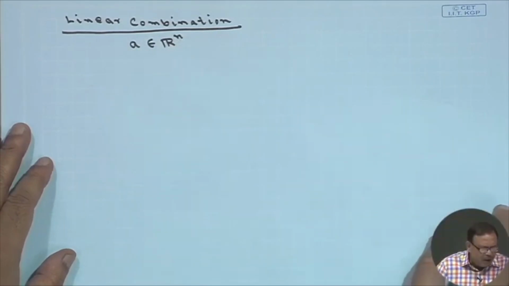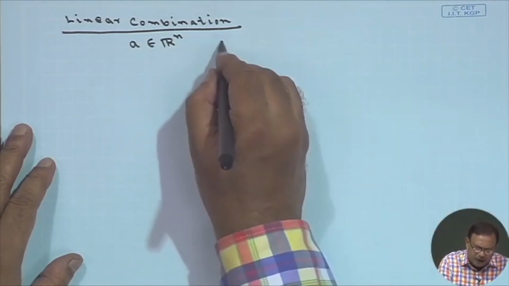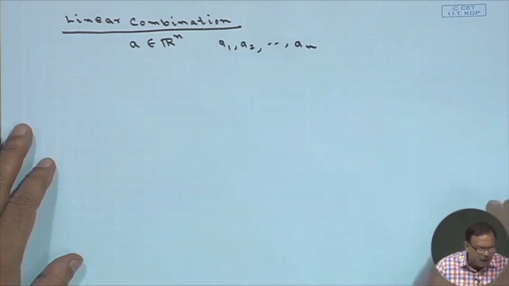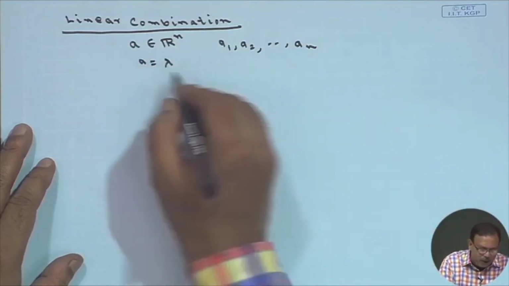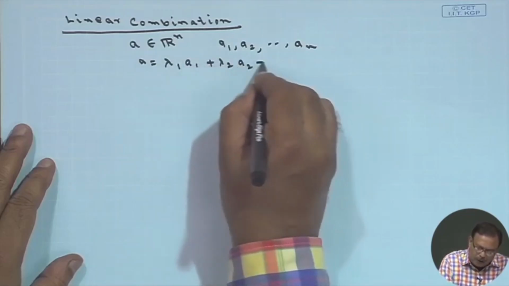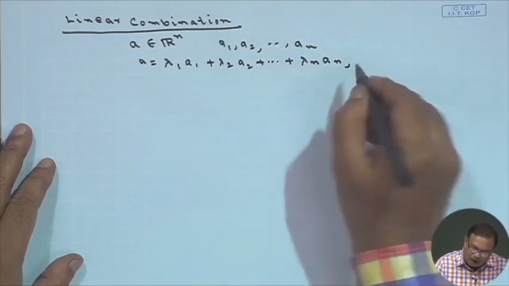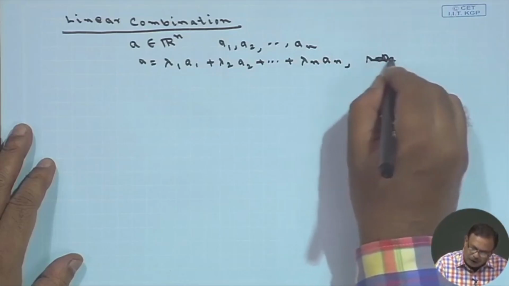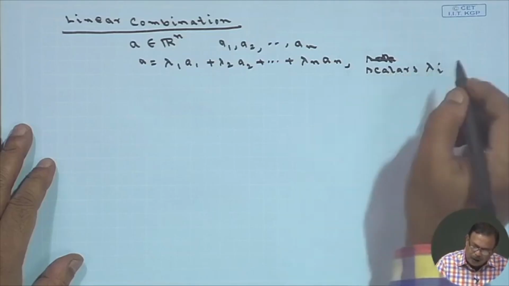This will be a linear combination of the vectors a 1, a 2, a n, if we can form it like this: A equals lambda 1 a 1 plus lambda 2 a 2 and so on, plus lambda n a n, for some scalars lambda i.